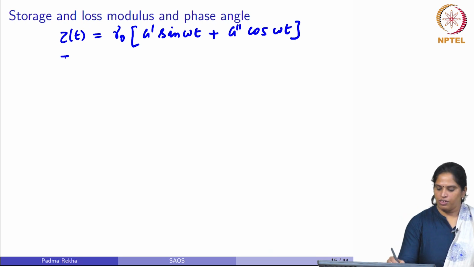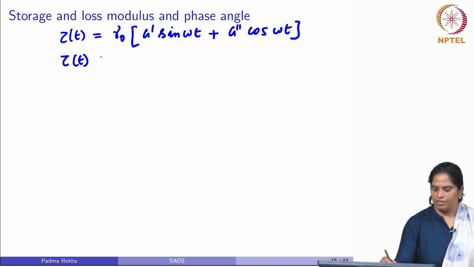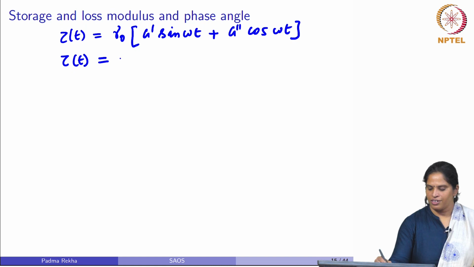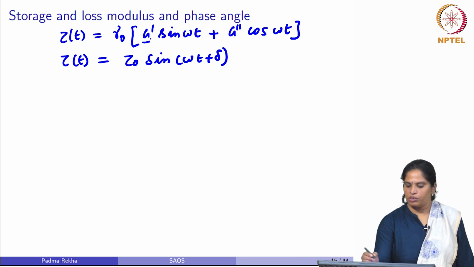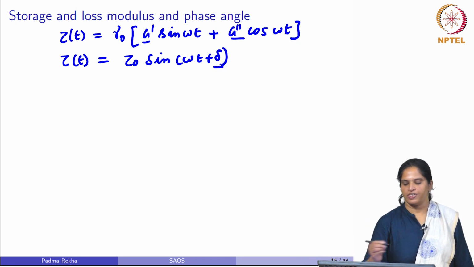We have assumed that a viscoelastic material exhibits a stress of the form tau naught sin(omega t plus delta). Now we will find a relation between G prime, G double prime and the phase angle.